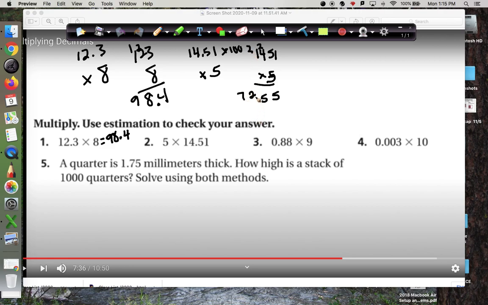I get 7,255. I'm going to divide now like this. So here's my decimal point. Divide by 10, divide by 100. So this is equal to 72.55.